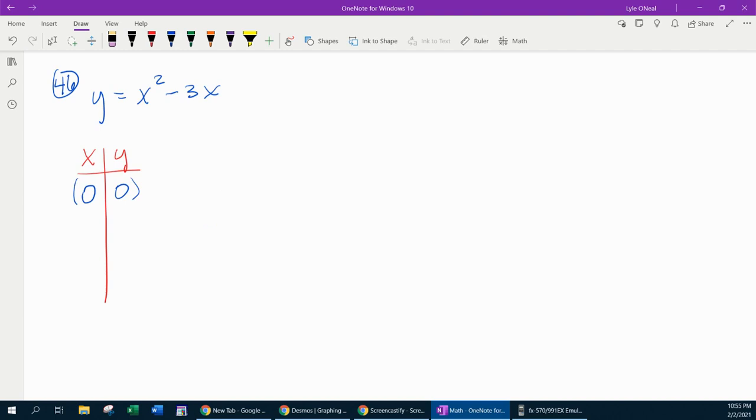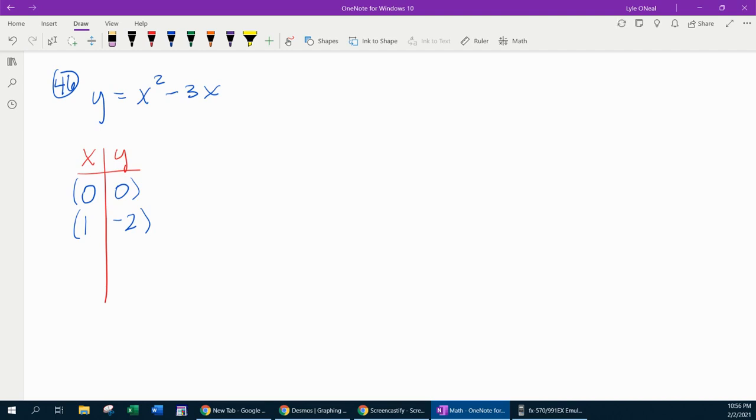And then I need to pick other numbers for x. So next, let's try positive 1. 1 is usually easy to work with. That's going to give me 1 squared minus 3 times 1, which is 1 minus 3, which is negative 2. And I need another point.